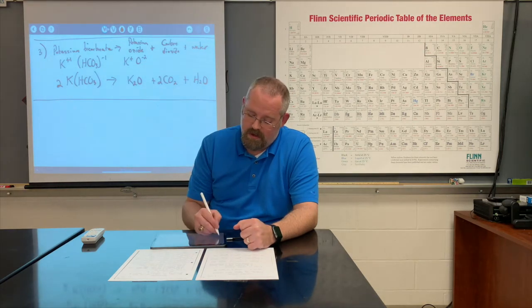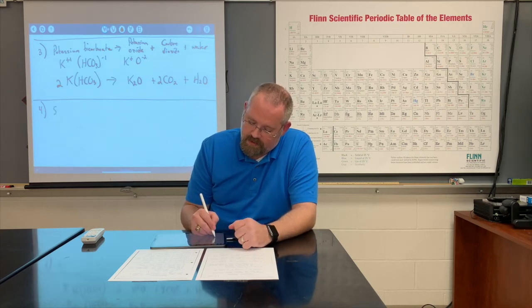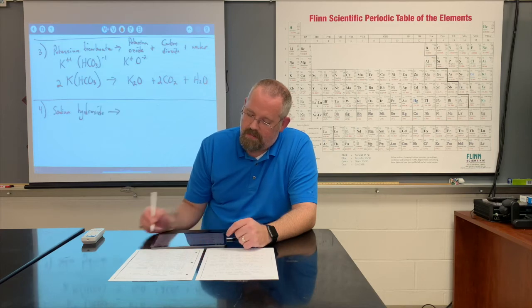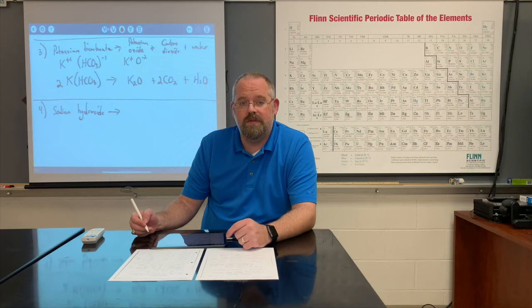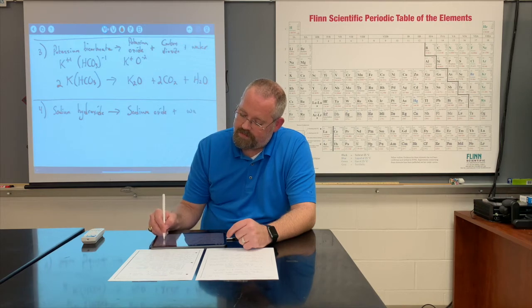All right, next type, the opposite of synthesis type 2, is metal hydroxide. So we're going to do sodium hydroxide. And a metal hydroxide is going to decompose into a metal oxide. So I got sodium oxide plus water.